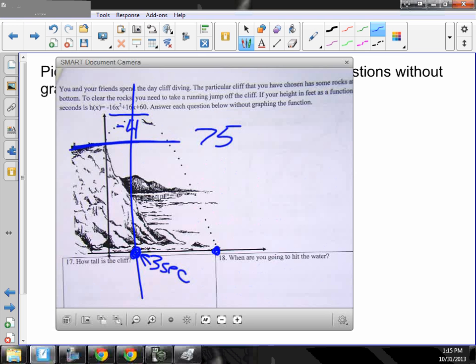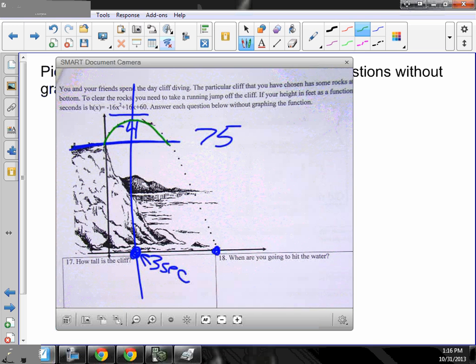And then number 21, how long does it take you to rise to your maximum height and fall back to the same level? What is that asking? So how long does it take me to get from here until right there? Dividing by -4. Yeah.